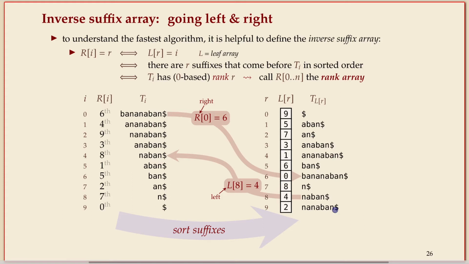So here you have the same strings, but sorted lexicographically. If you've done that, then R takes you to the right. If you have an entry here, the 0th, it tells you where you find it on the right, and L is the opposite. Okay? So that's just a few ways, hopefully helping you to keep in mind which one is which. But the slide's always there for you to look it up again.